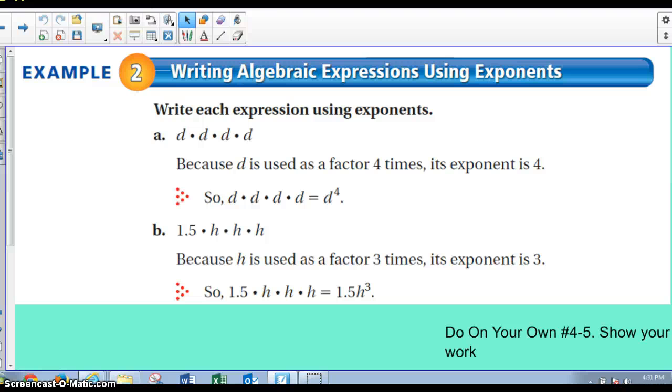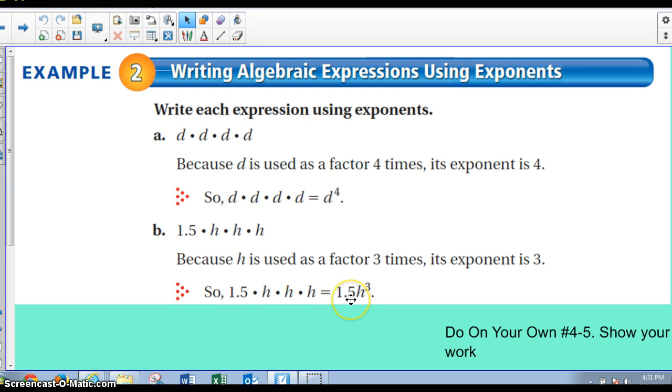All right? B, 1.5 times h times h times h. Because h is used as a factor 3 times, its exponent is 3. So now in our new answer, it is 1.5, and notice when you put the number next to the variable, you don't have to put multiply or times, it's automatic.